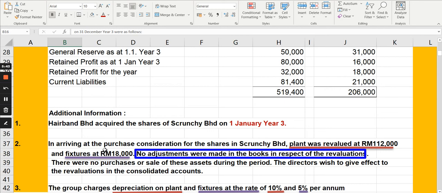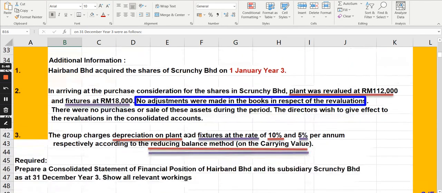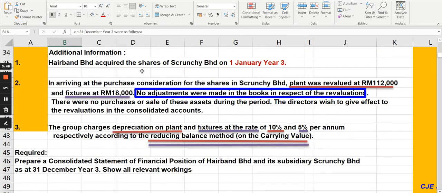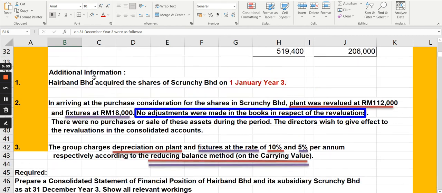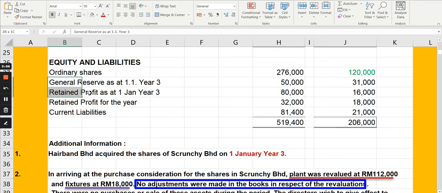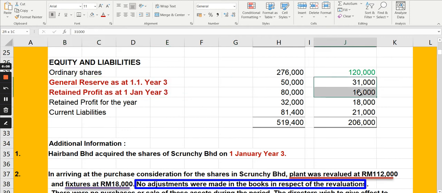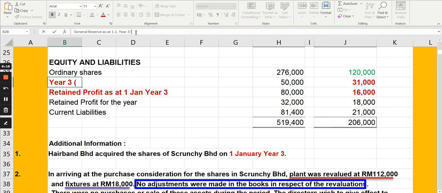So no information is given here regarding the pre-acquisition profit or any balance in the additional information regarding any reserve available. However, the information is actually given in the statement of financial position itself. The information for the subsidiary, under the subsidiary column, as at 1st of January, is also the information on the date of acquisition.